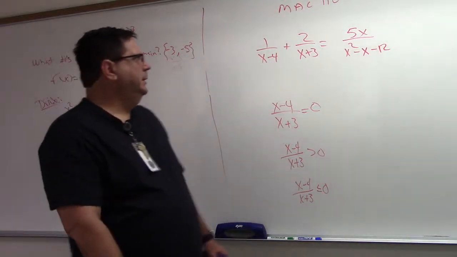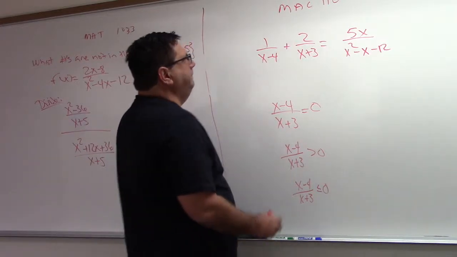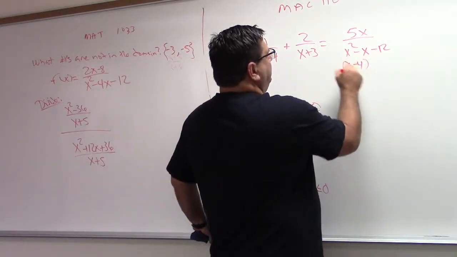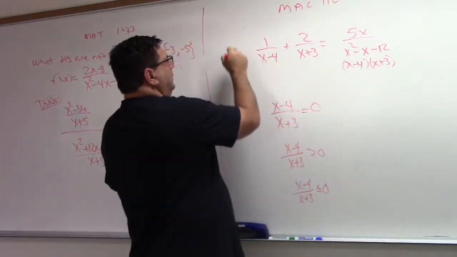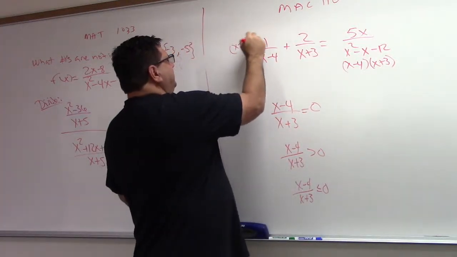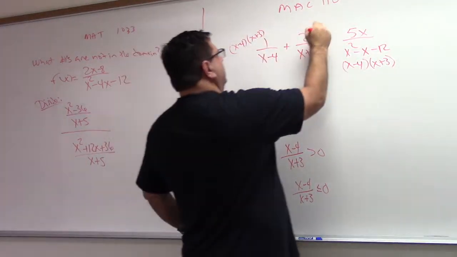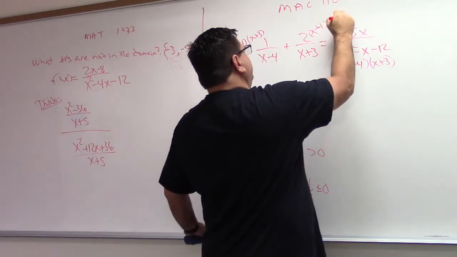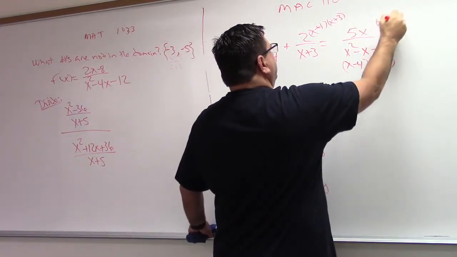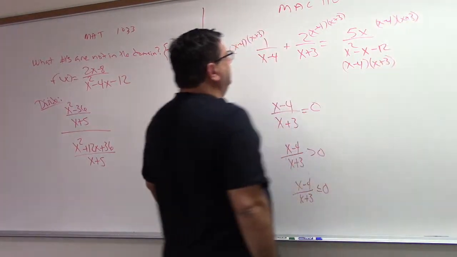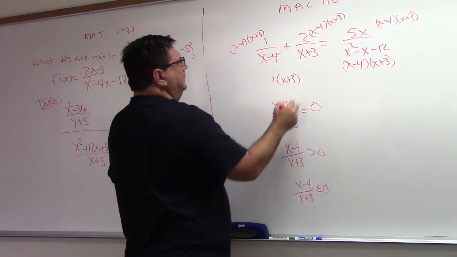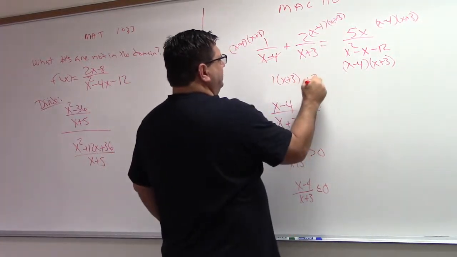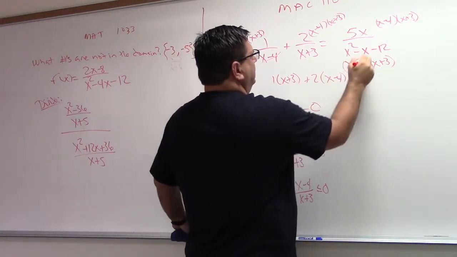All right? Spencer, we on you. x minus 4, x plus 3. We're multiplying through by x minus 4, x plus 3. x minus 4, x plus 3, yes? x minus 4 is canceled, you get 1 times x plus 3. x plus 3 cancels, you get 2 times x minus 4.